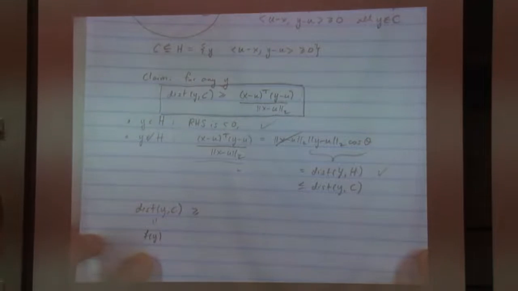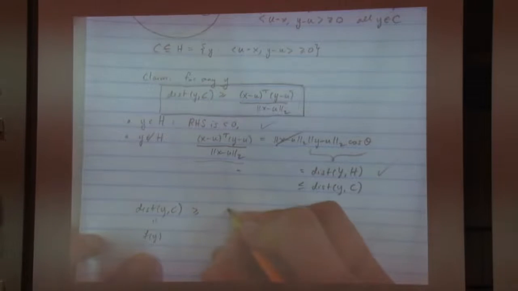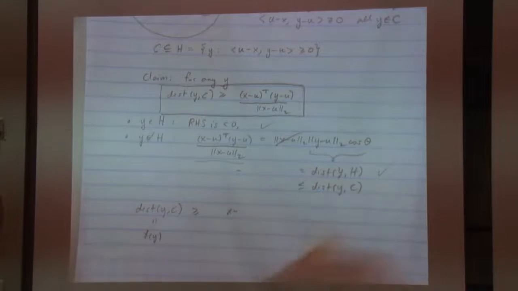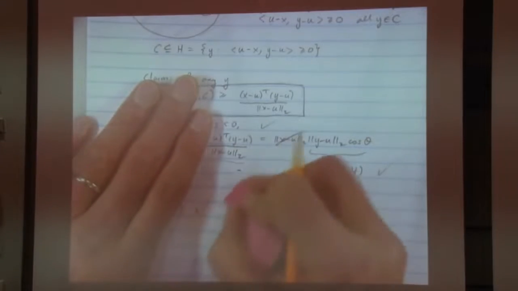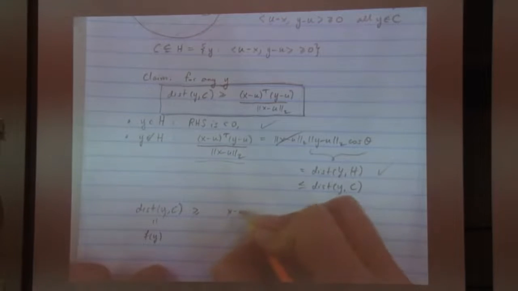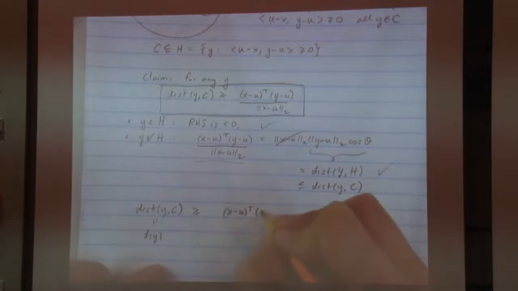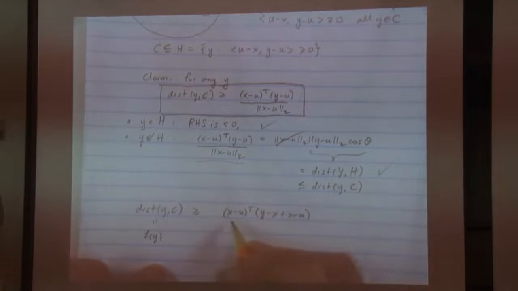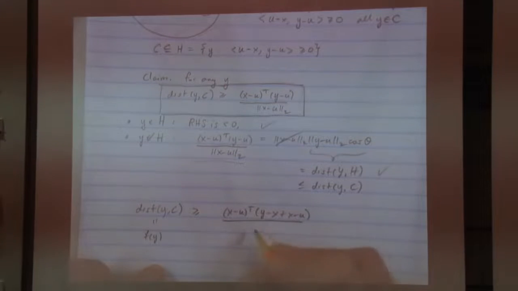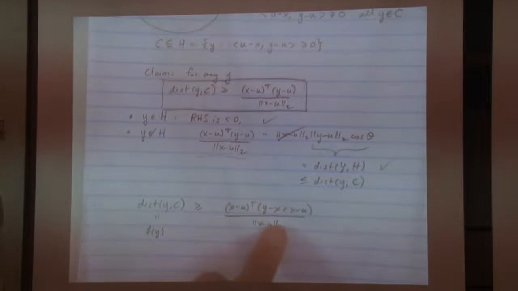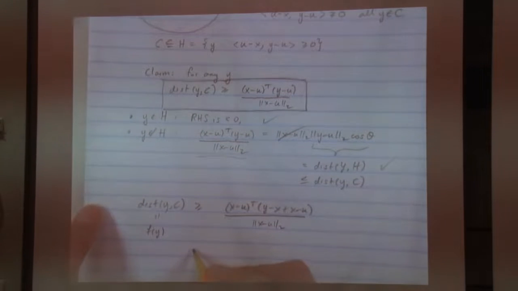Let's pull out, let's do x, say minus, and let's expand this out: (x minus u) transpose, let's do (y minus x plus x minus u), over the norm of x minus u. So all I've done is I've added and subtracted x in here. Let's expand that out.